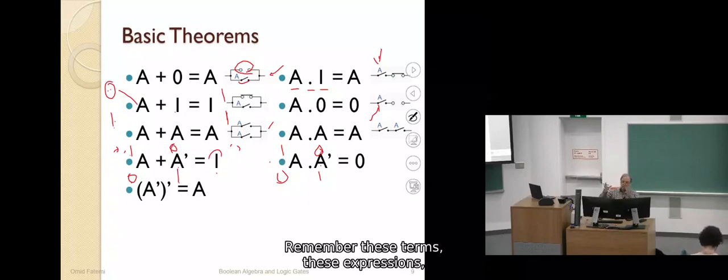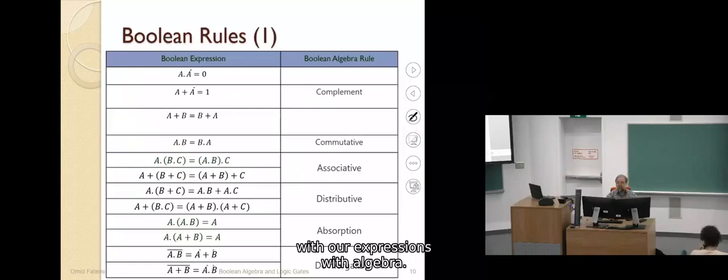So remember these expressions, and then we will use them to work with our algebra. Well, let's see some of the rules. Actually, we talked about these two. A dot A bar is 0, A plus A bar is 1.